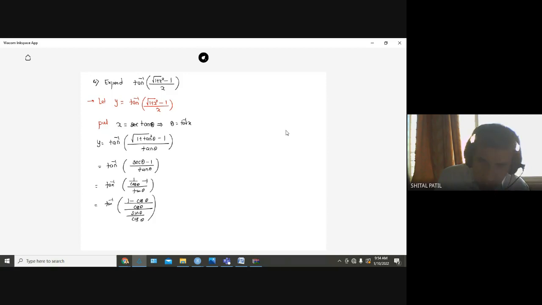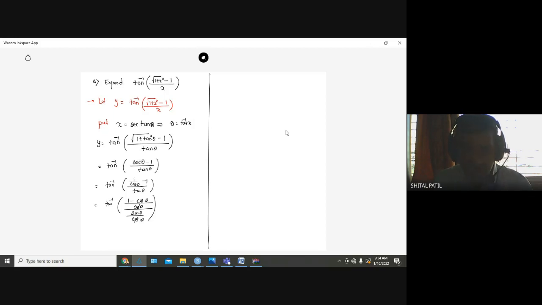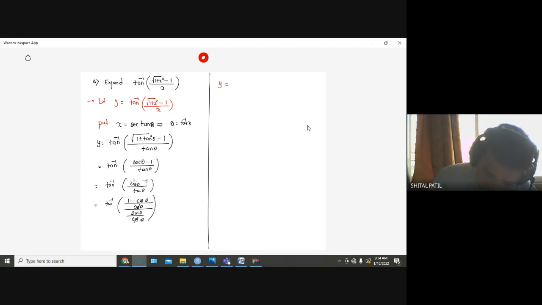So I think you understand that this cos theta will cancel, and therefore we have y equal to tan inverse of 1 minus cos theta divided by sin theta.